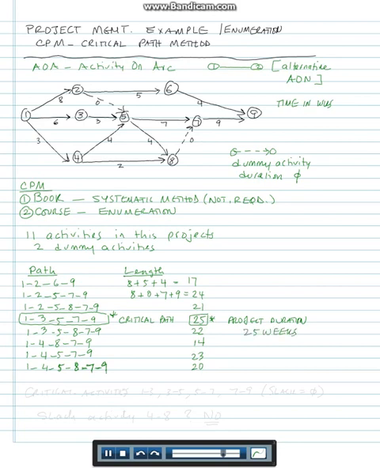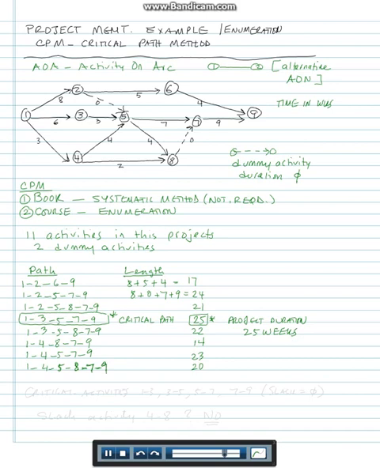And the assumption is if you can finish the longest path in the network in 25 weeks, then you can have other people work on other tasks in the network simultaneously and finish them as well.